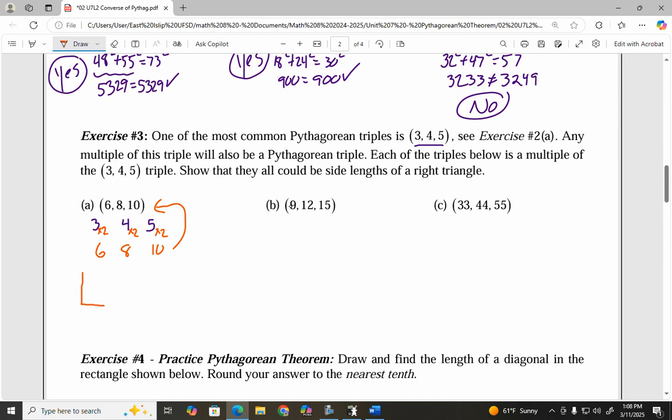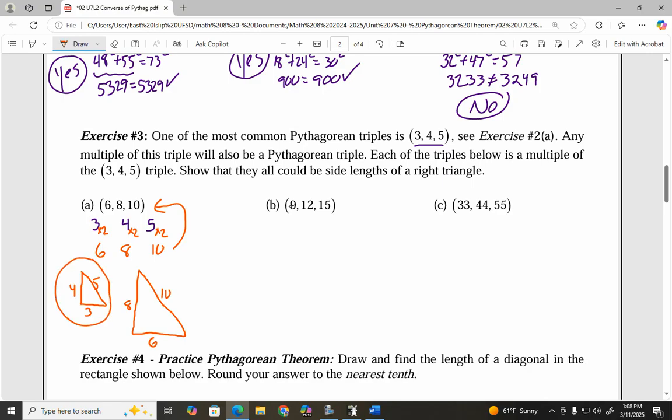Remember, we can multiply all sides of a figure by the same number, which is called the scale factor, and it creates similar figures. So if this is a 3, 4, 5, if I multiply everything by 2, then this could be a 6, 8, 10.